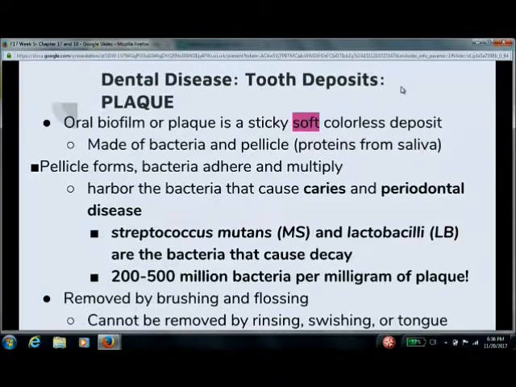A milligram is about the width of your fingernail. So you can remove plaque by brushing and flossing, but you can't remove it by rinsing, swishing, or running your tongue over it. So that's something to grasp right away, is that plaque needs mechanical removal.